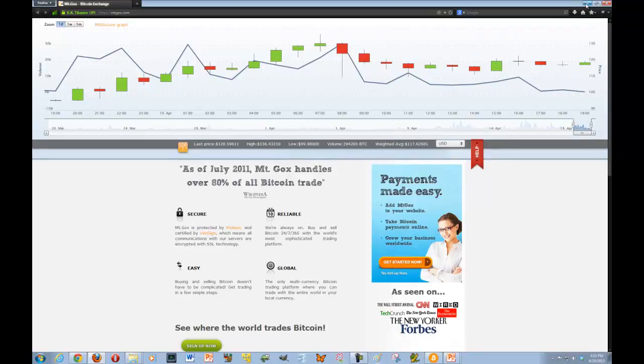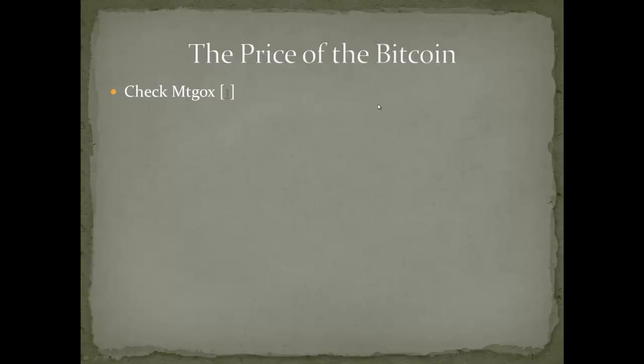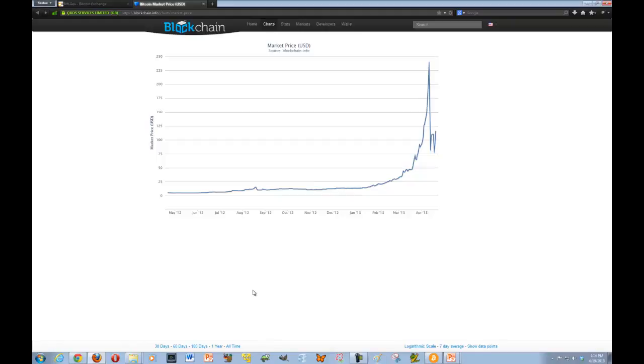There was more transactions than just that. Okay, so I'd also recommend checking blockchain's price summary. And this right here is a historical price index of the Bitcoin since May of 2012.